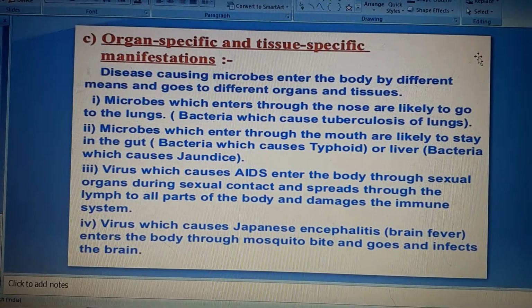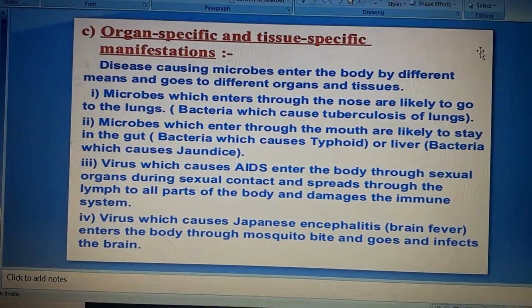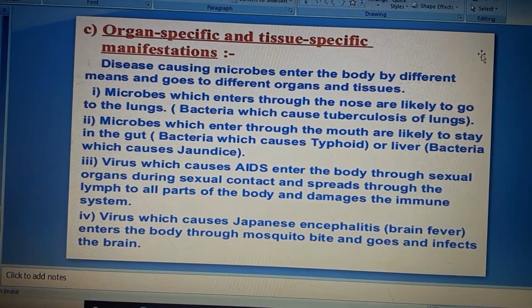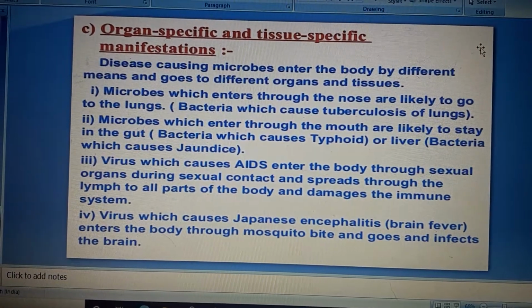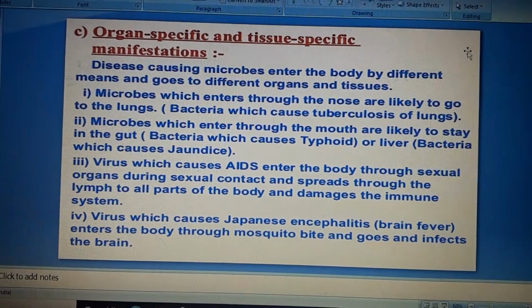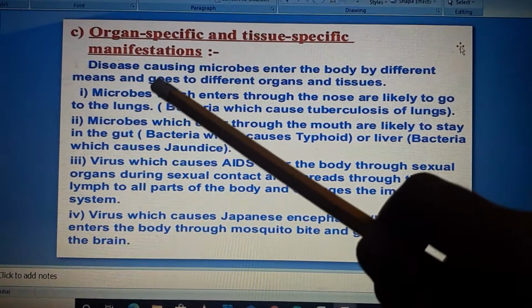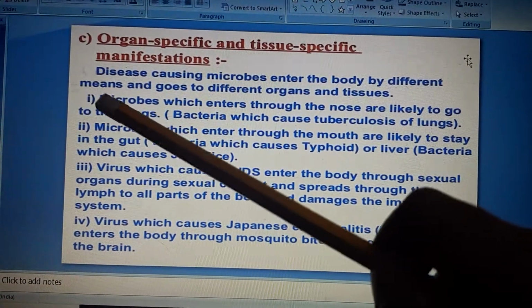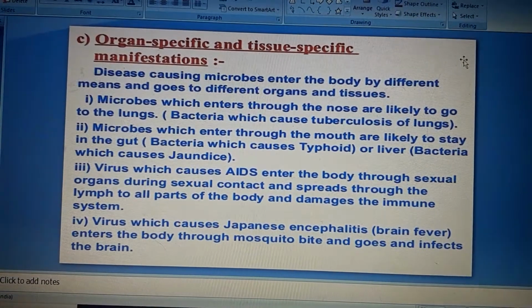Now about the organ-specific or tissue-specific manifestation, like how the disease goes to the specific organ or tissue. Disease-causing microbes enter the body by different means, through different organs and tissues.